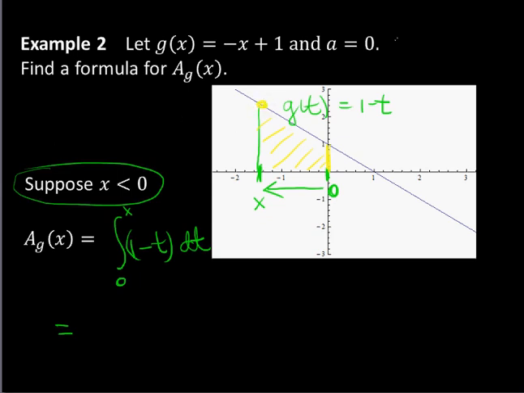Let me get another color. Label this point. That is the point x, comma, g of x, which is 1 minus x. And this point, of course, is the point 0, comma, 1.